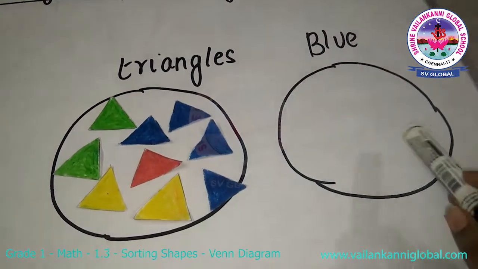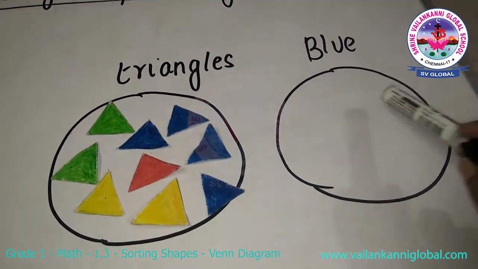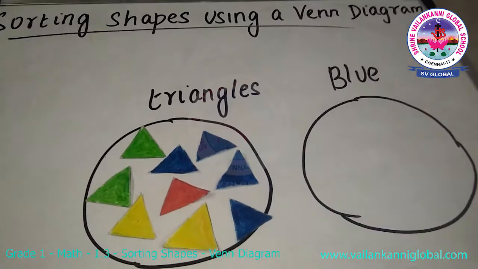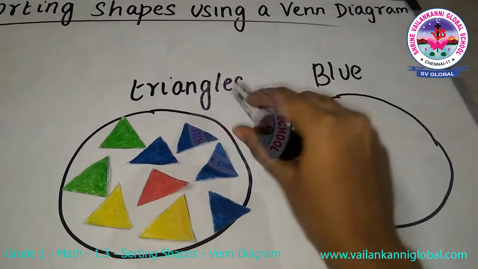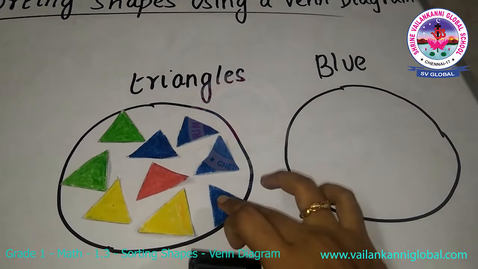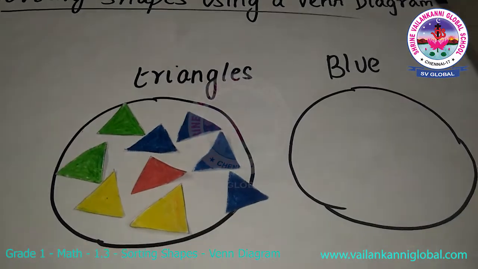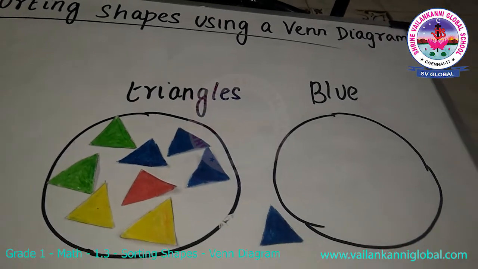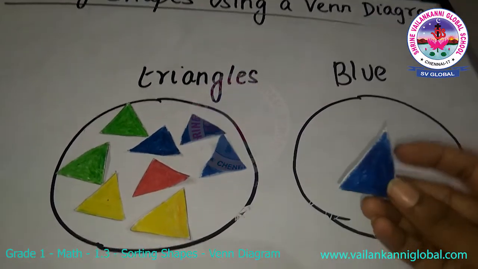Now there comes another circle which is named blue. So now comes a confusion. This is a triangle and this is blue as well. So when I take this, it is both a triangle as well as blue in color.